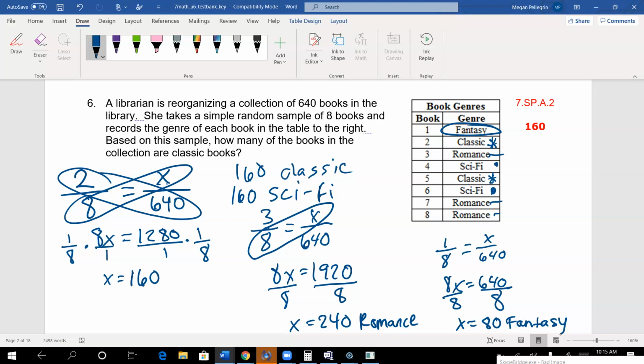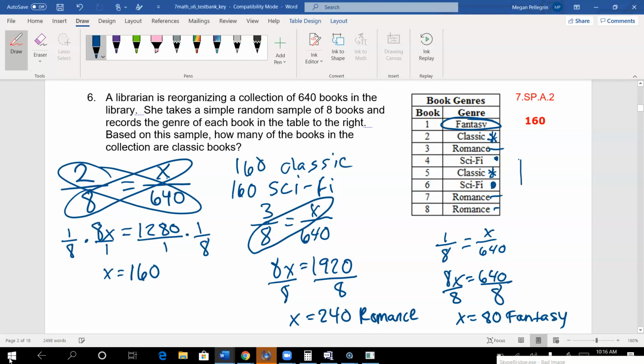So if we added all that together, 160, 160, 240, and 80, we should get that 640. So that helps to show us that we have done this correctly.